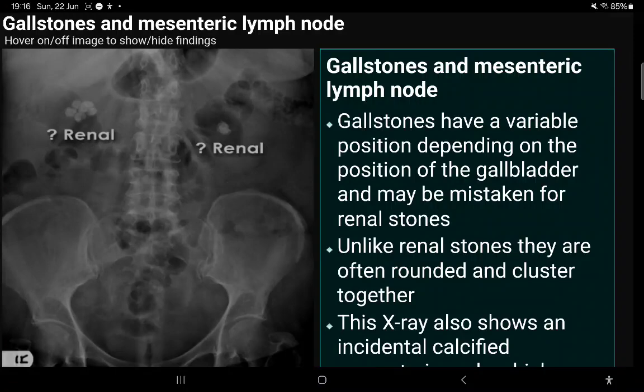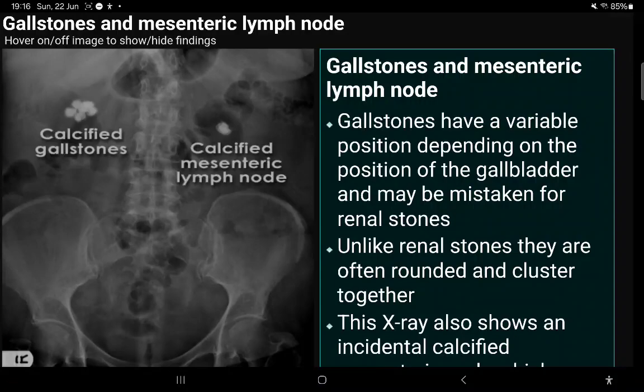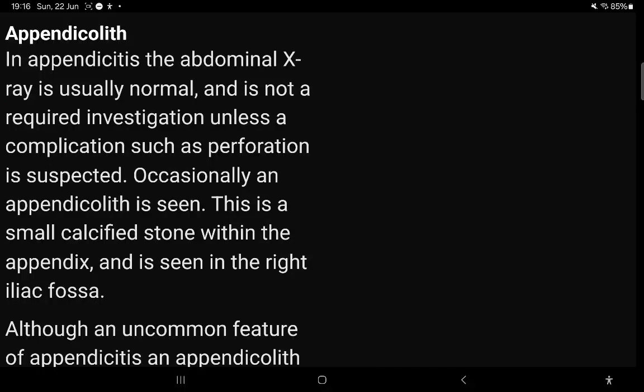At the beginning, it can mimic renal stones bilaterally, but it was confirmed with CT that they are calcified gallstones and mesenteric lymph nodes. So it is so important to correlate clinically, and if you are not sure, to go further after X-ray and ultrasound, to CT if there are no contraindications.